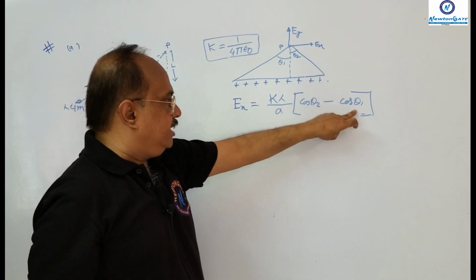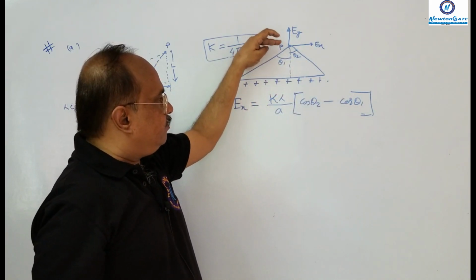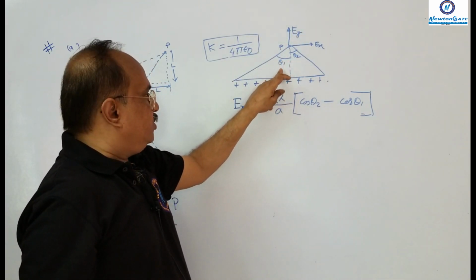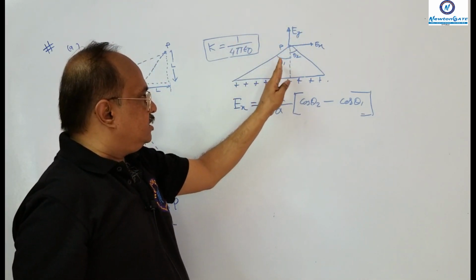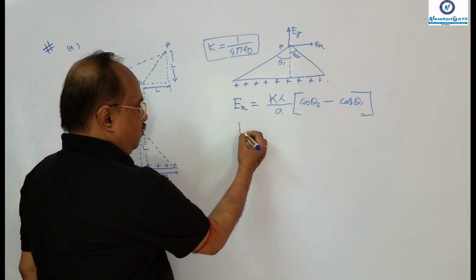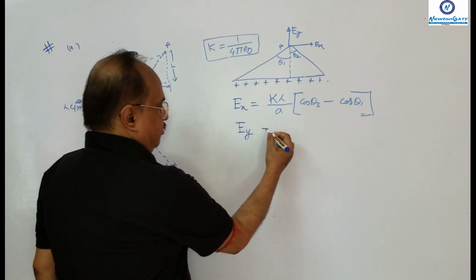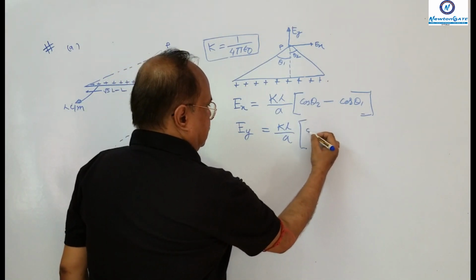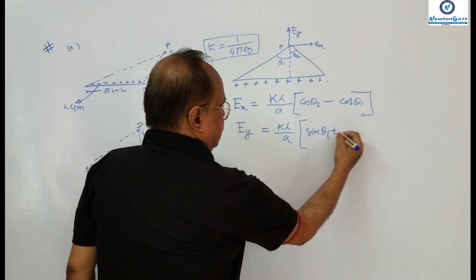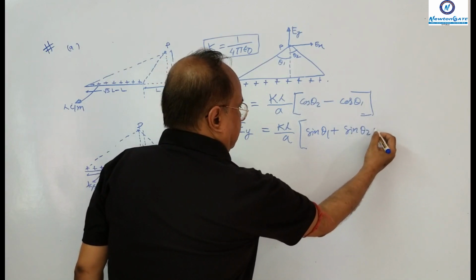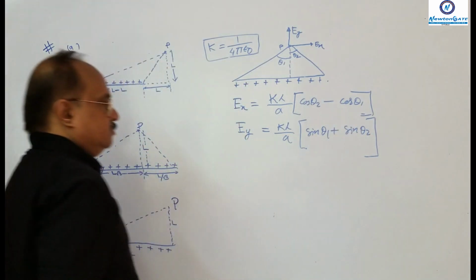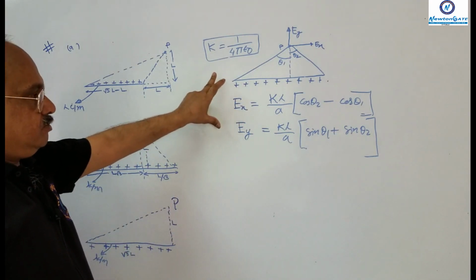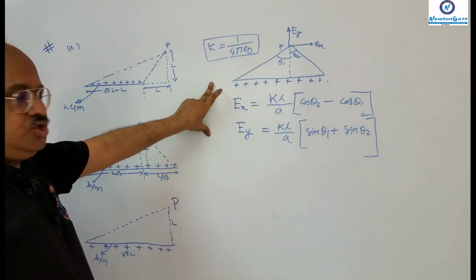But for Ey you do not have to worry, because both are plus: Ey equals k lambda by A times sine theta 1 plus sine theta 2. You can see it.